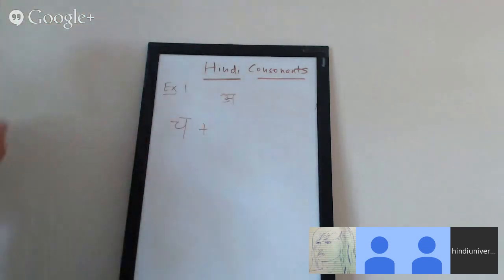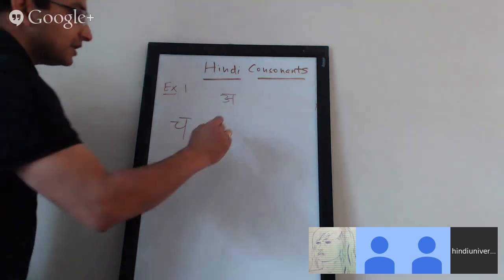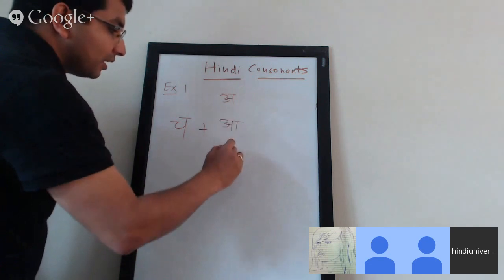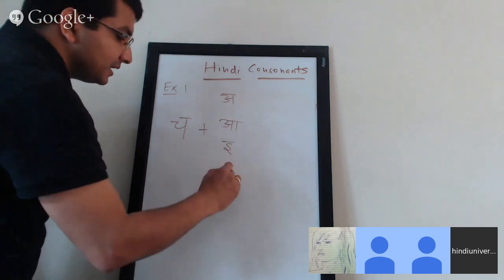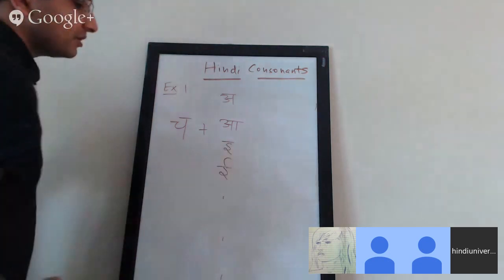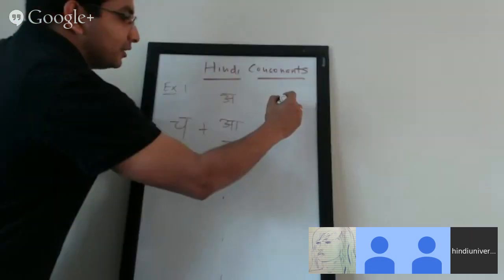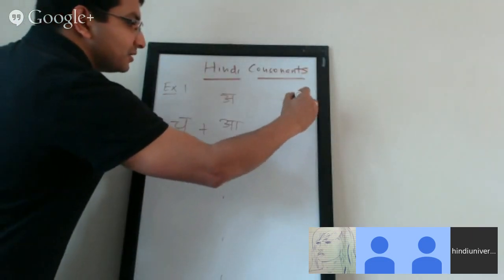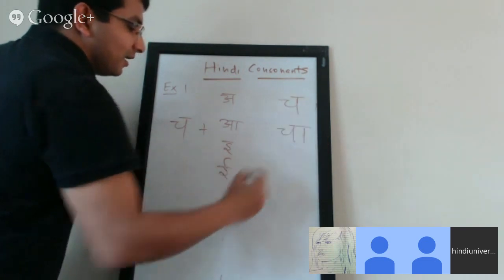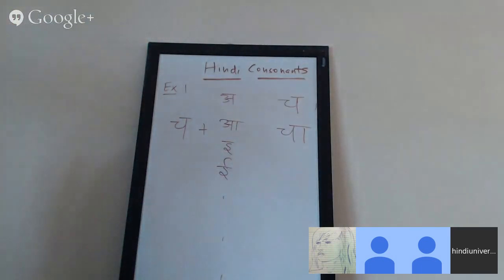If you are attending for the first time, you can follow the same playlist from the Hindi University, and you will learn about all the available vowels, like 12 vowels, and you can write down what the resultant consonant will be. So I can tell you cha plus a would be cha, and then I'll let you complete the rest of them.